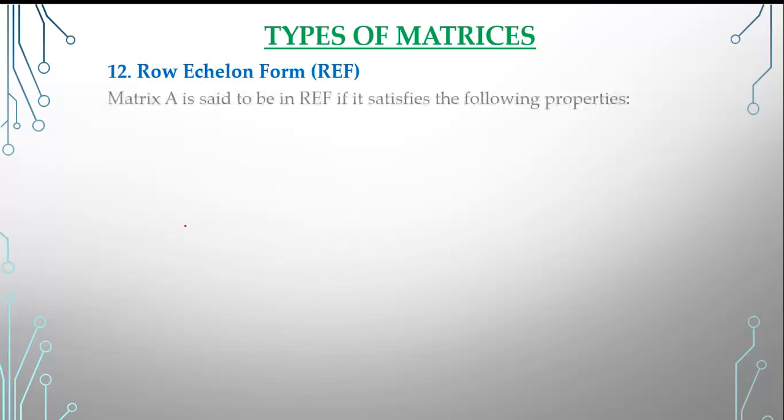Next one is the row echelon form. So what is the row echelon form of a matrix? Matrix A is said to be in row echelon form if it satisfies the following properties. Suppose you have this type of matrix A, this is in echelon form. How can you say this is in echelon form?